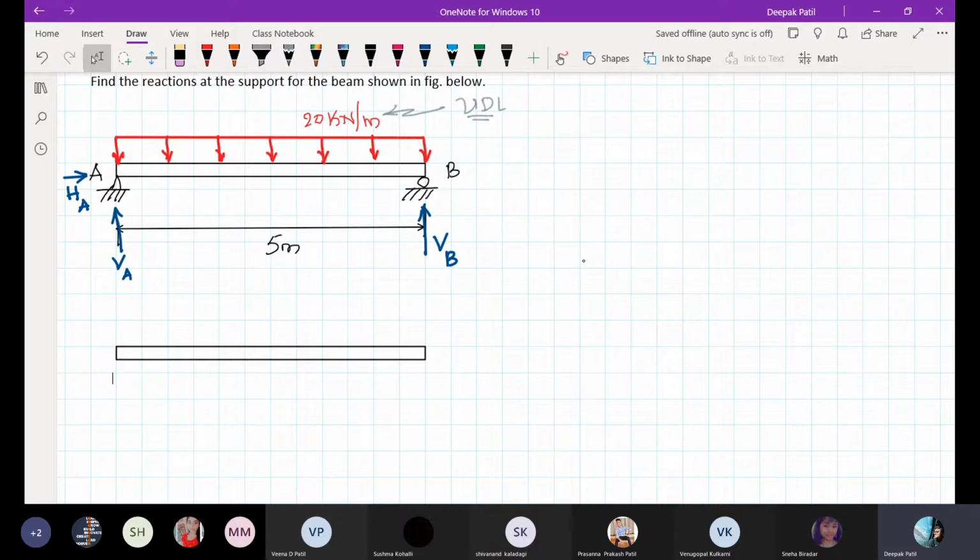I'm going to draw the beam once again. I'm not going to draw the supports here. Instead, I will mark the reactions directly. So this reaction is VA, this reaction is HA, and the reaction here is VB.